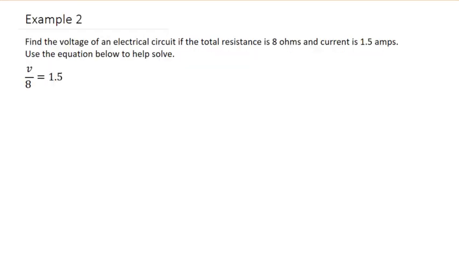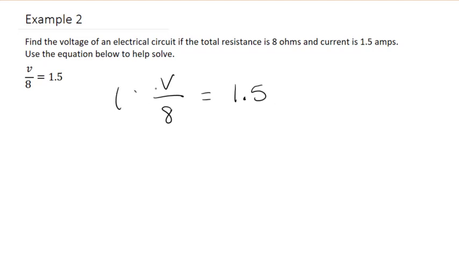Example 2. Find the voltage of an electric circuit if the total resistance is 8 ohms and the current is 1.5 amps. Use the equation below to help solve. So here we have V over 8 is equal to 1.5. So once again, to undo division, we multiply.